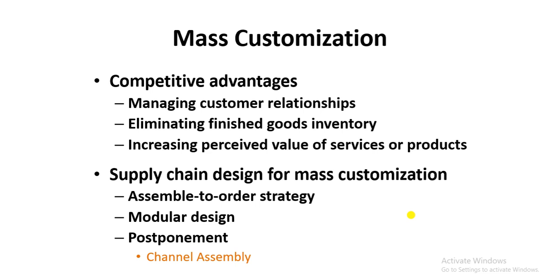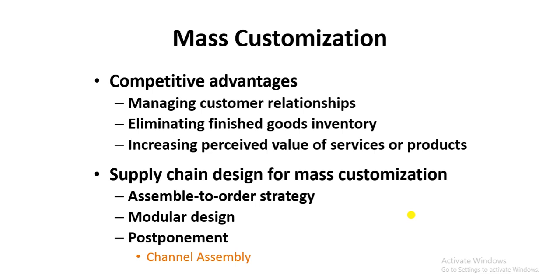And the next thing which is important in mass customization while designing the supply chain is called postponement. In postponement, there is a terminology called channel assembly. Here, postponement means that you will not assemble the goods finally until you receive the order from the customer.